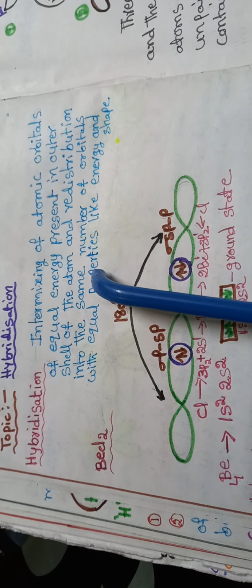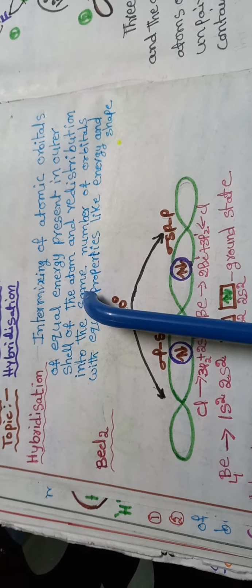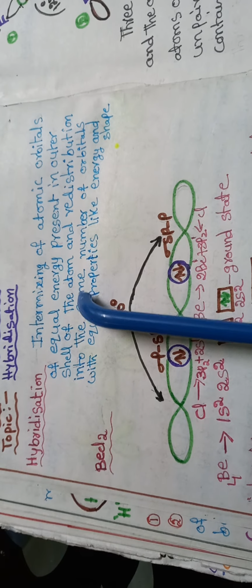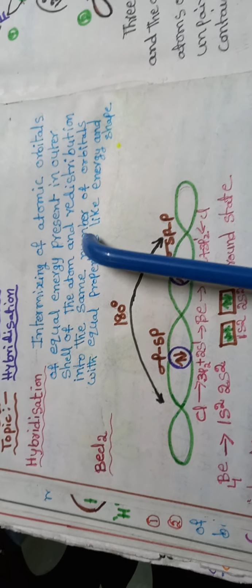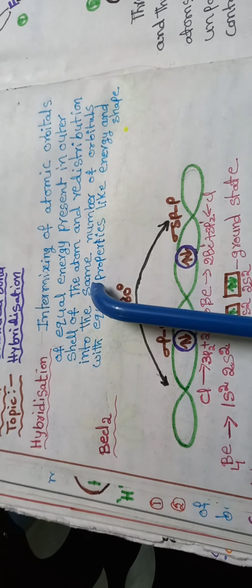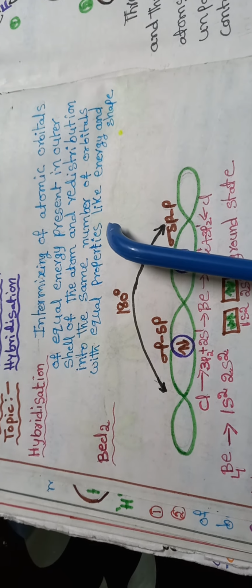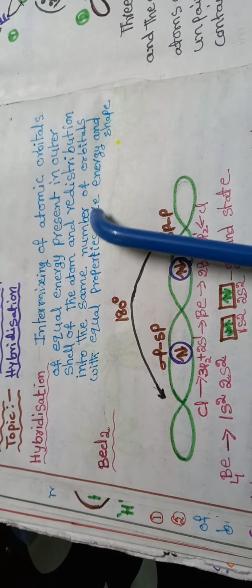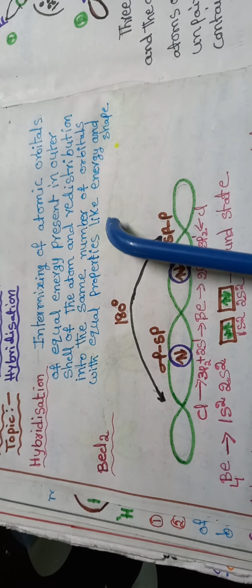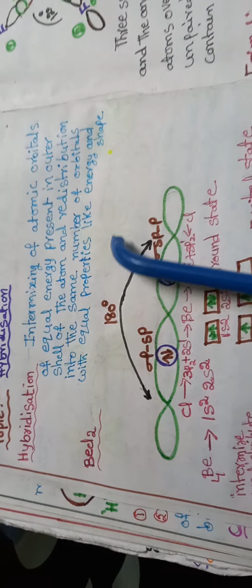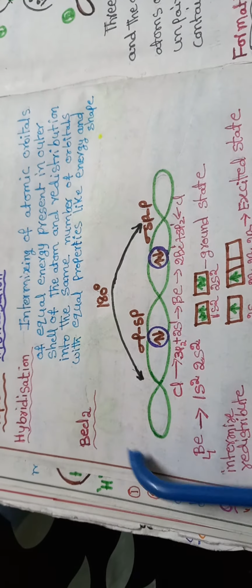So every element has atoms. In the atoms, the outer shell electrons intermix and are redistributed into the same orbitals with equal properties like energy and shape. That is called hybridization.